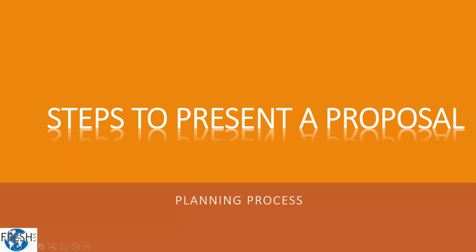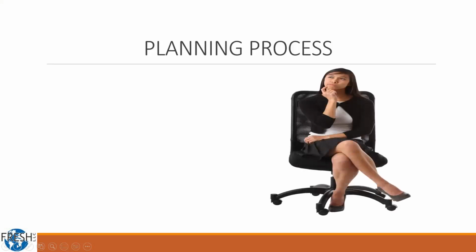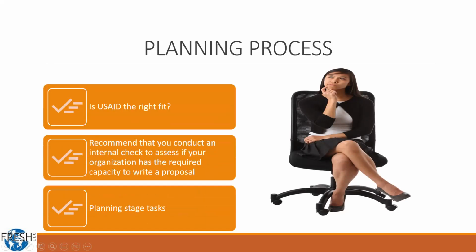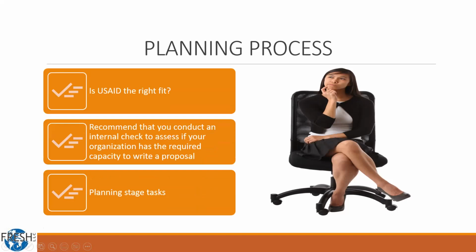So let us look at how to present a proposal, and let us start with the planning process. With the planning process, you have to really sit down and think: is USAID the right fit for my organization?